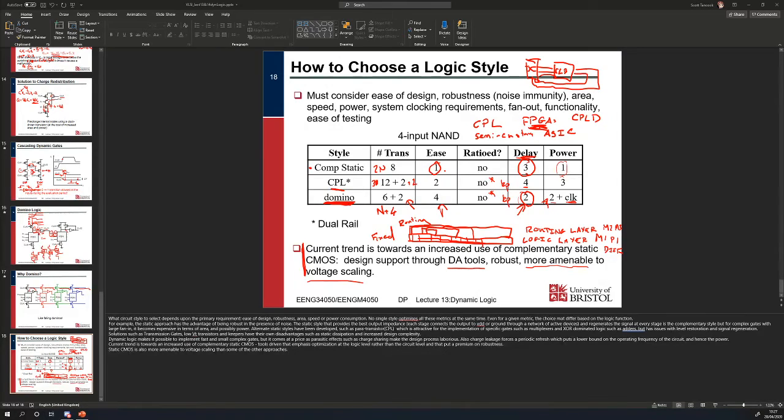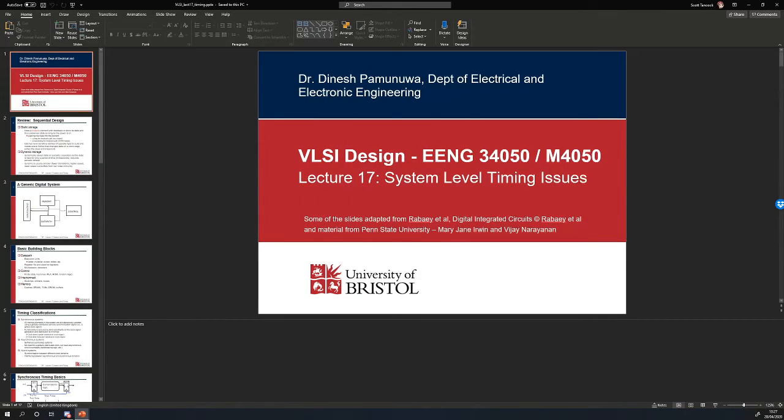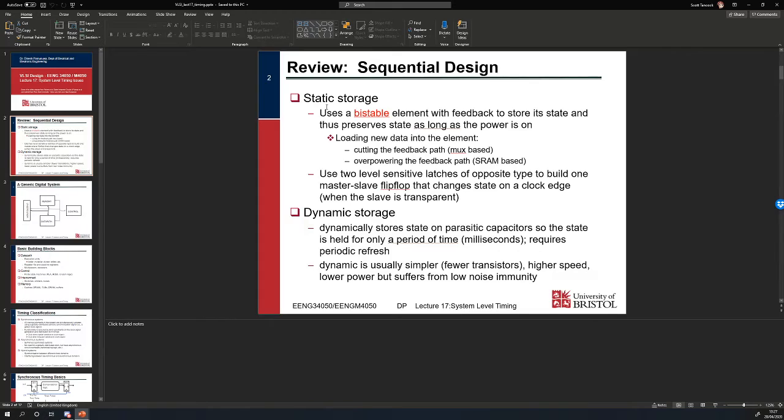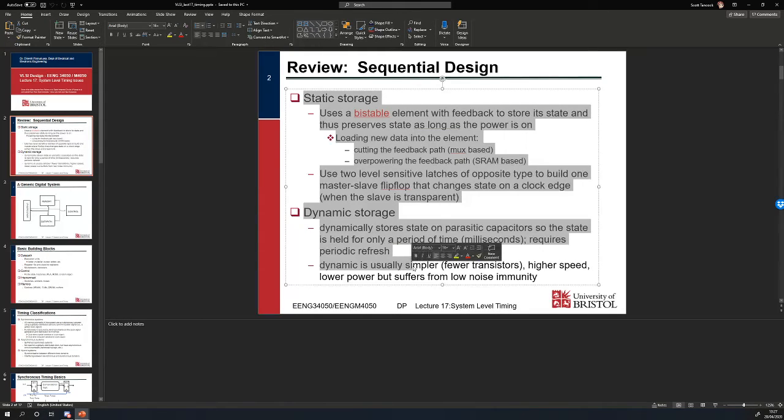Right, so the next lecture will be the lecture on timing. This is sort of going back towards the sequential side of things. Next lecture is system level timing, and we'll be looking at static storage and dynamic storage.